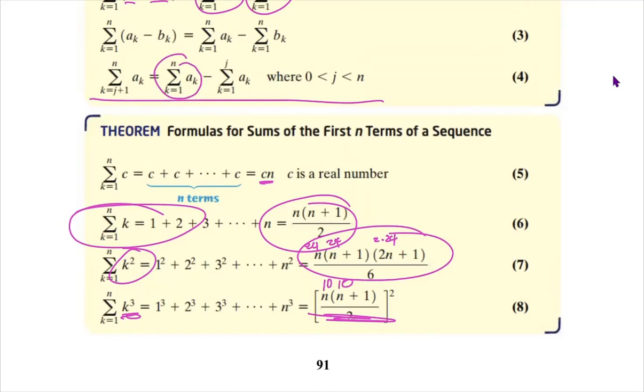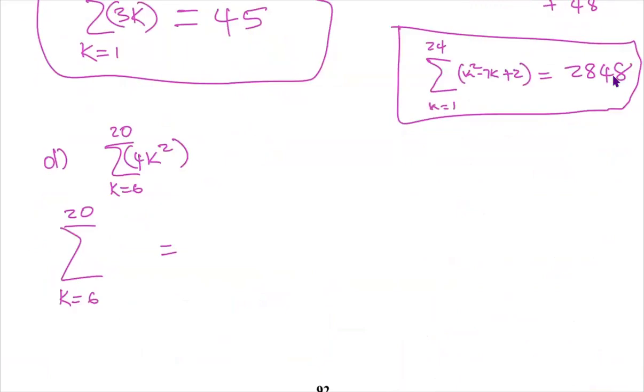The sum from 1 to n minus the sum from 1 to j, so j is 6.